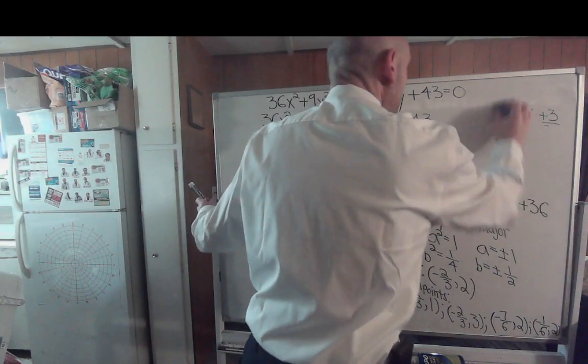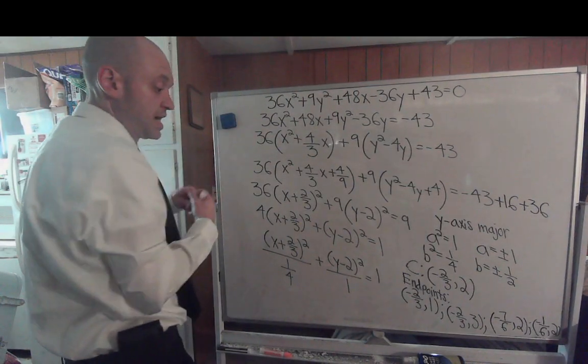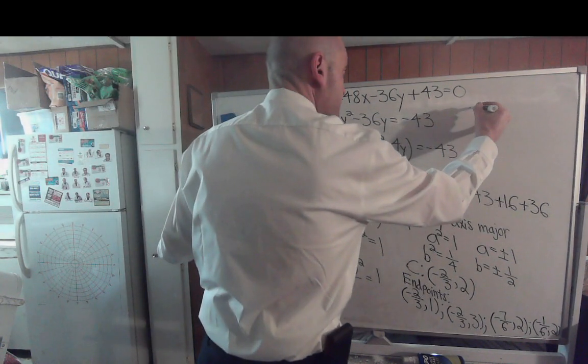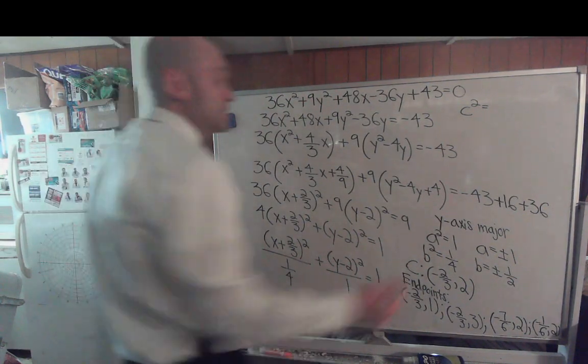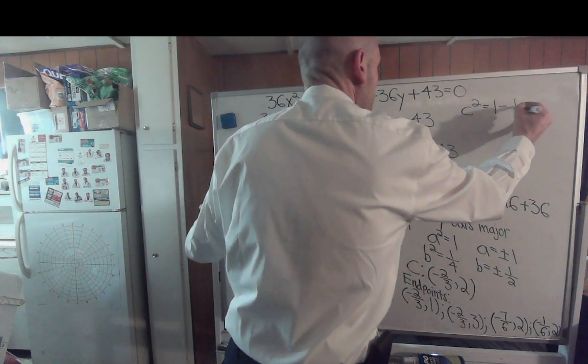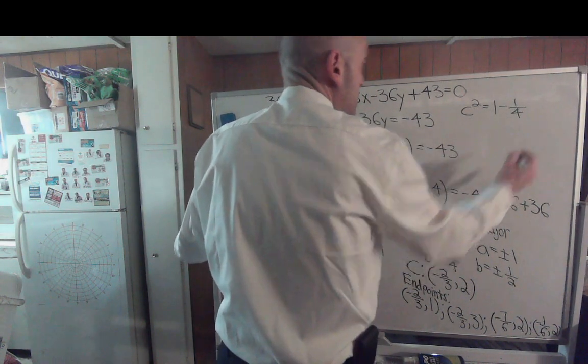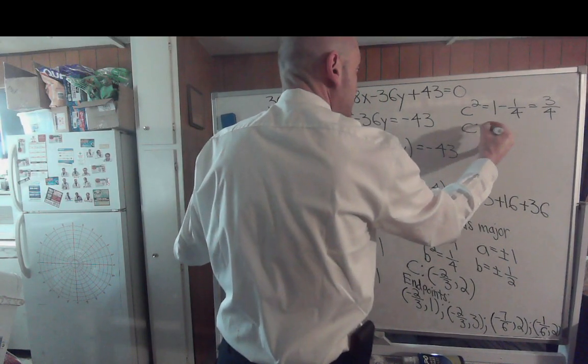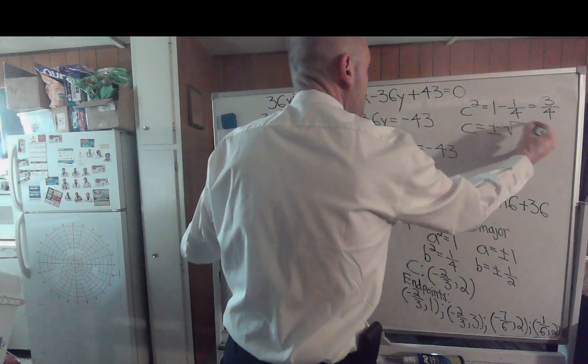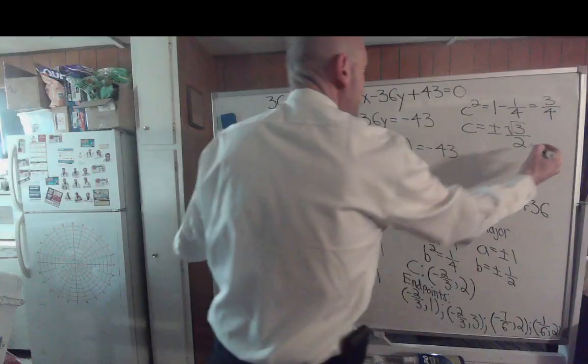Okay, I'm going to do a little work up here for the foci. So we know the foci is c squared equals a squared minus b squared. In this case, this would be 1 minus 1/4. Well, that equals 3/4. So that means c equals both plus and minus the square root of 3 over 2.